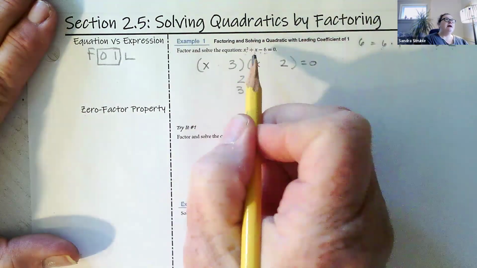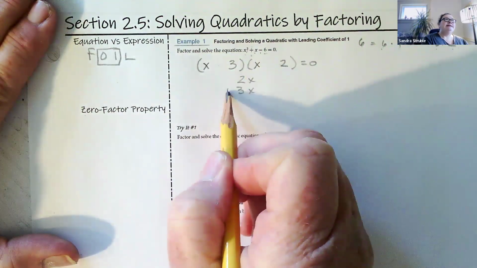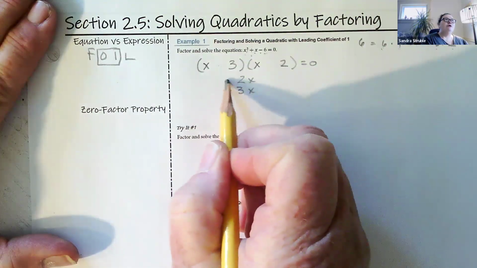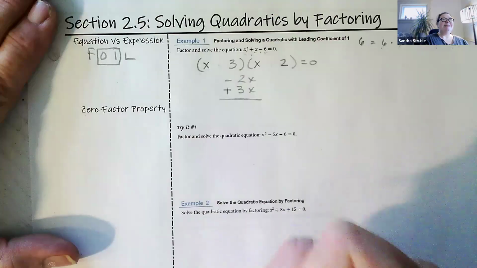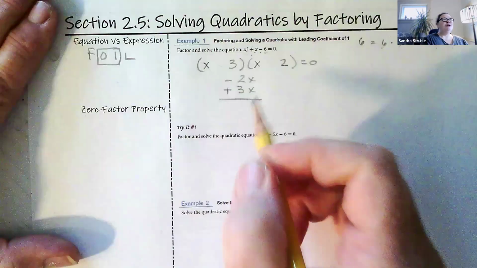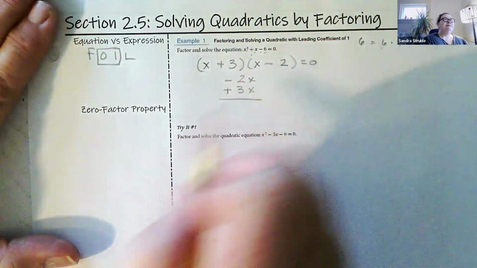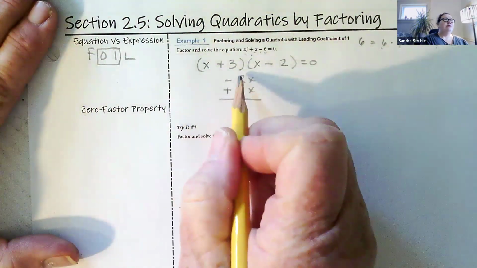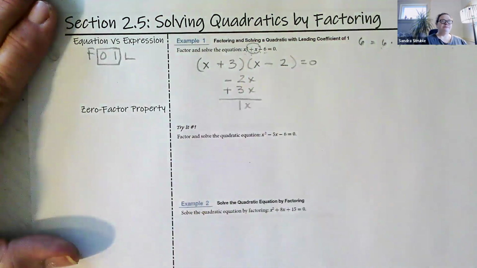All right. Because the middle term is positive, the 3x needs to be positive because remember, when you have different signs, you subtract and take the sign of the larger number. So the 3x needs to be positive and the 2 needs to be negative. All right. That will give us a 1x, which is what our middle term is.